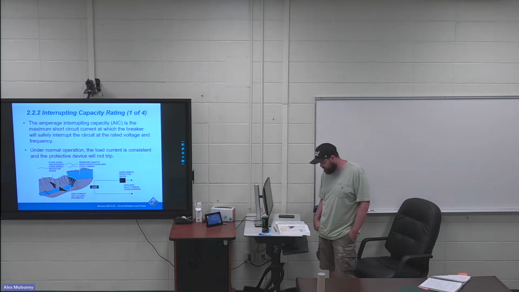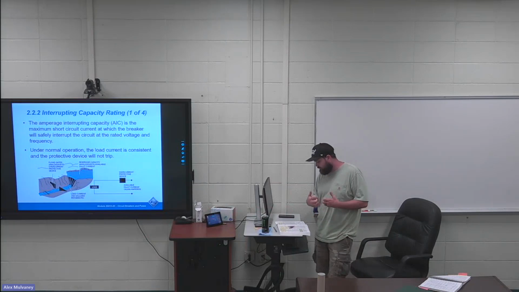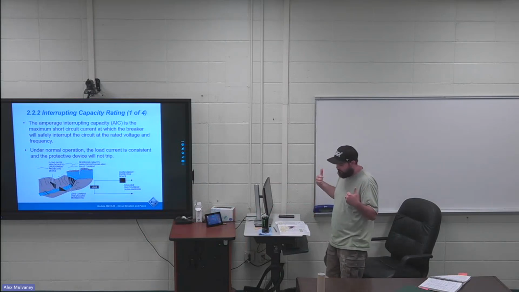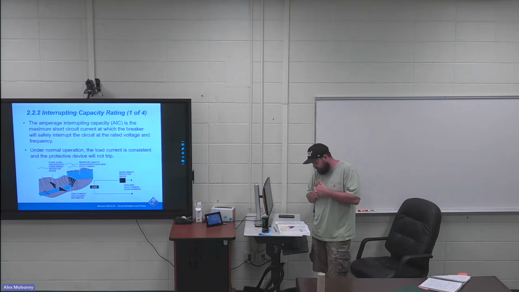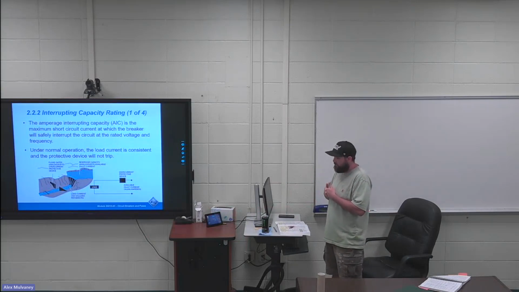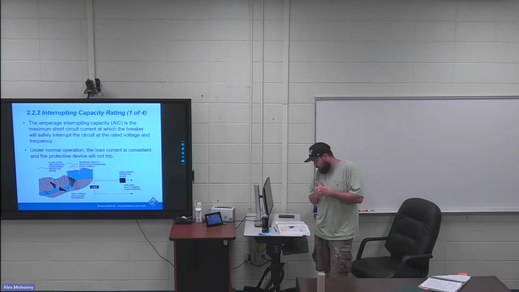I would recommend reading this section to have a better understanding of the interrupting capacity rating. But it's just the amount of current that something can actually separate. Because when electricity is flowing through things, it creates a magnetic field. If you have so much current, stuff's going to want to stick together and you're not going to have the force to pull it apart.